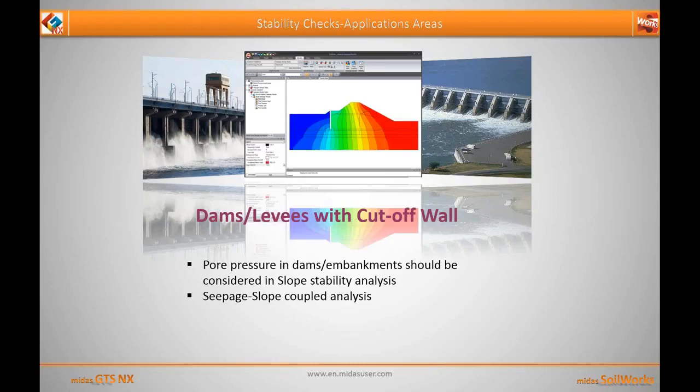So you should be able to perform a seepage-slope coupled analysis so that you can consider the variation of pore pressure in the embankment or dam while considering slope stability. So seepage-slope coupled analysis becomes very important.